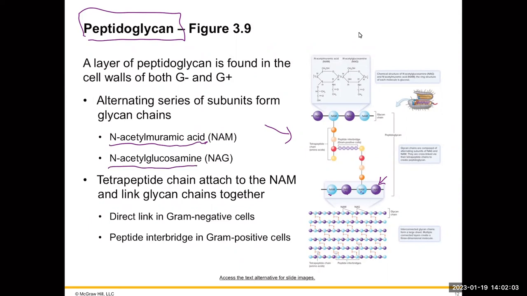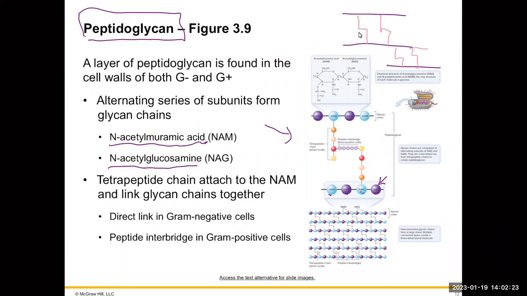We have those in rows like this, and then those are hooked together with peptides.